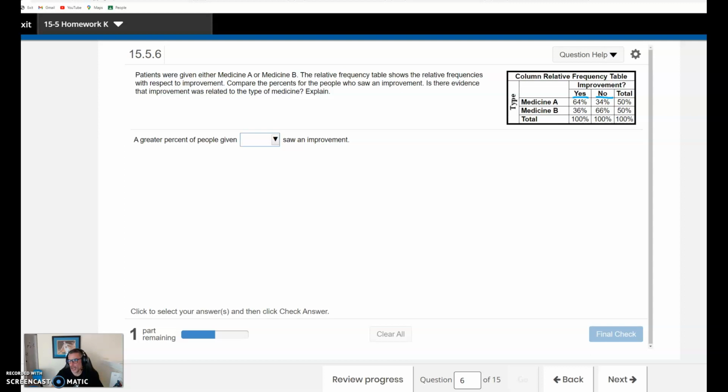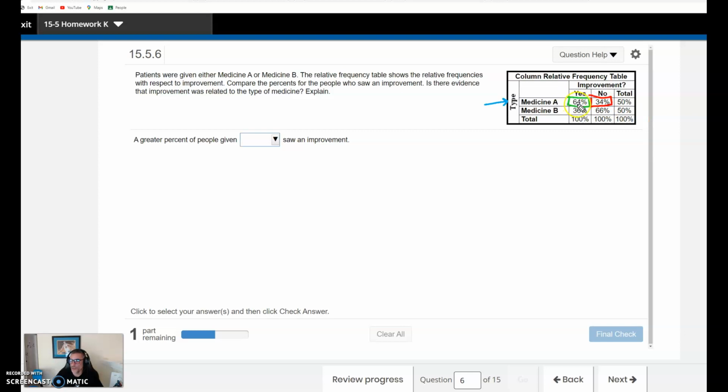And before I do anything, I can already see a pattern. With medicine A, I'll use green for good and red for bad. Yes, 64% improved. 34% didn't.